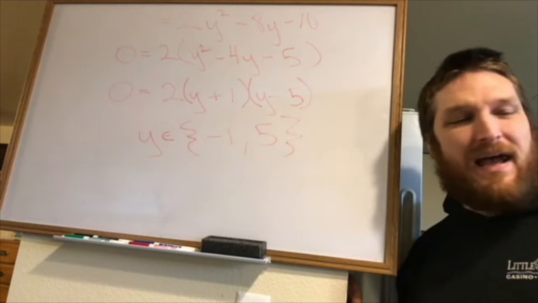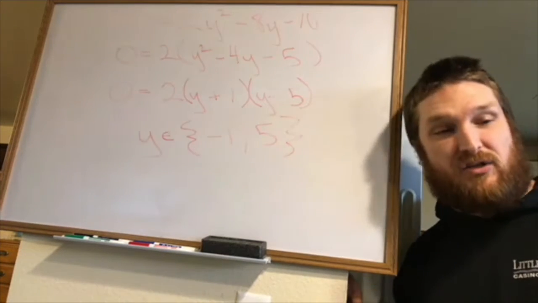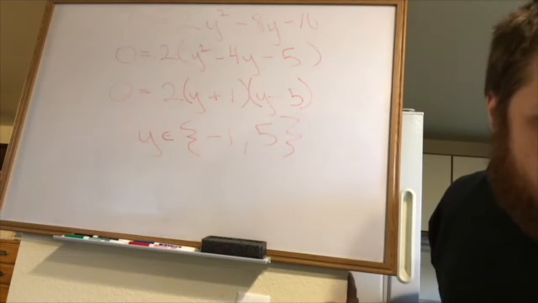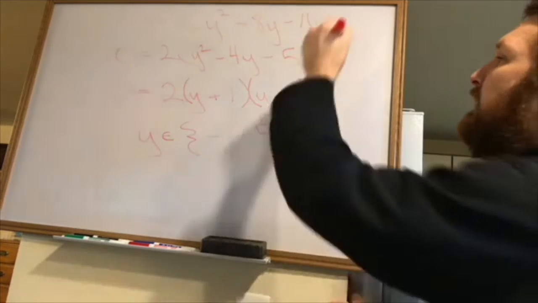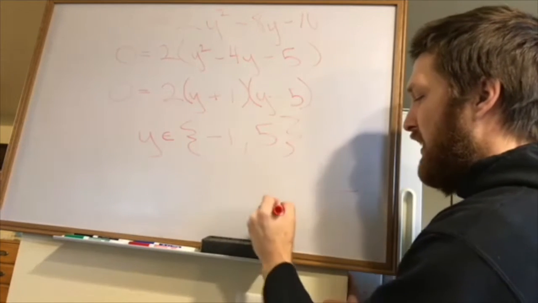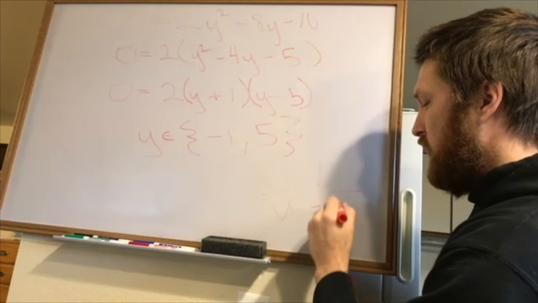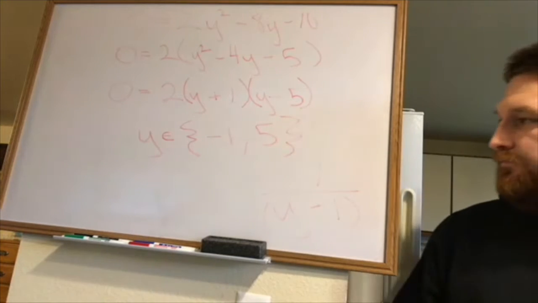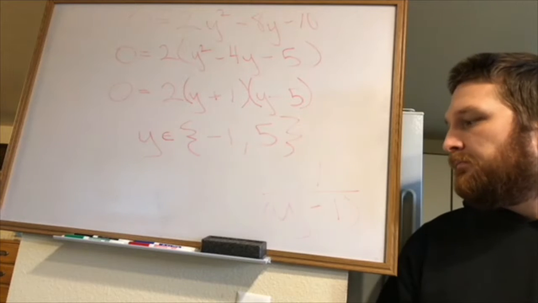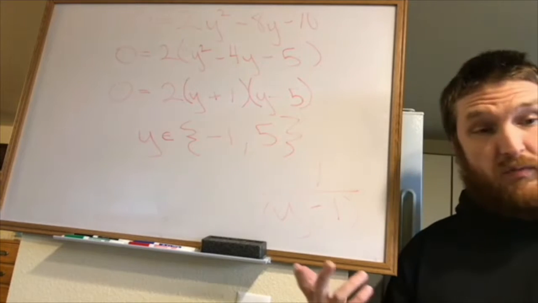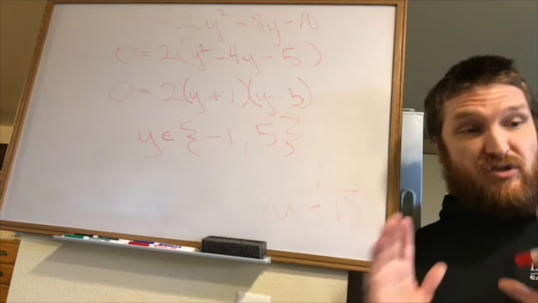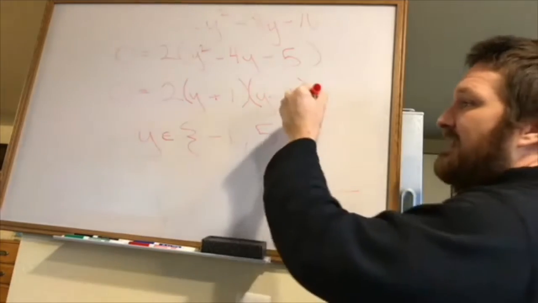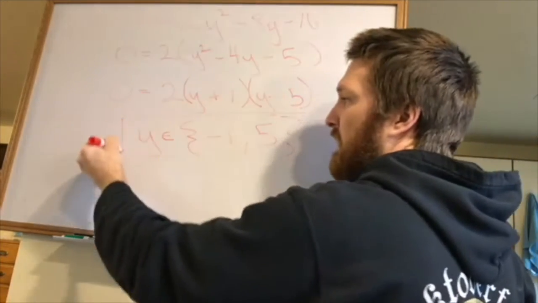No, we have to go back to the original equation, which had in the denominator something with a y minus 1. So if you put in a -1, it should work. And if you put in a 5, it should work. They should both work. And so this is the answer right here.